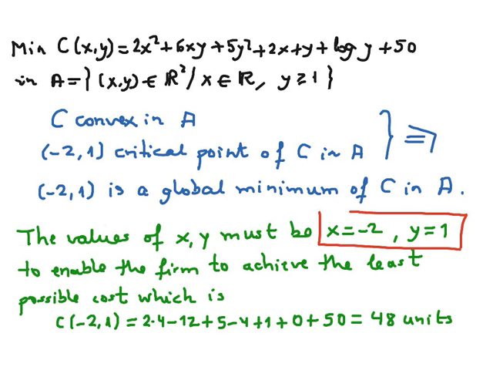So the minimum cost achieved would be 48 units.